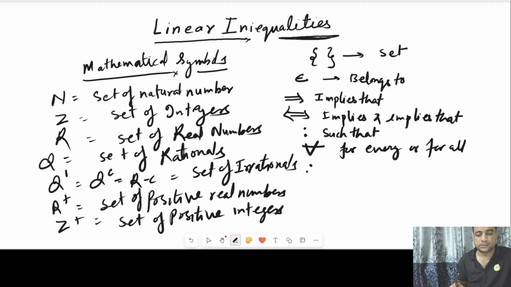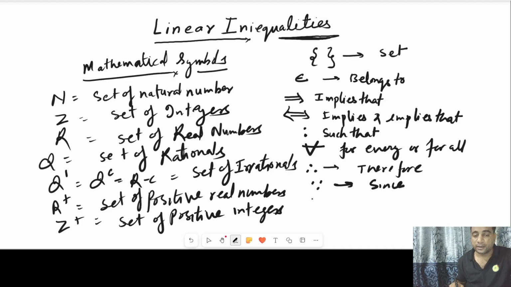These three dots, one dot above and two below, represent therefore, and two dots above, one below, represent since.